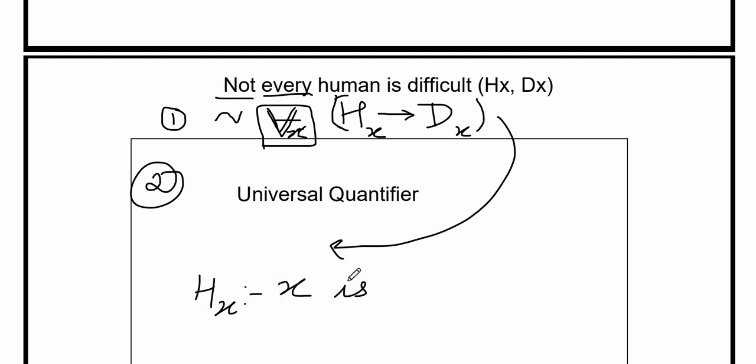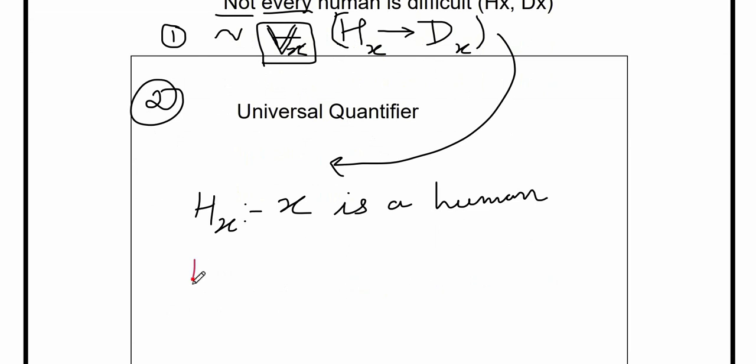Okay, hx is x is a human. Dx is x is difficult.